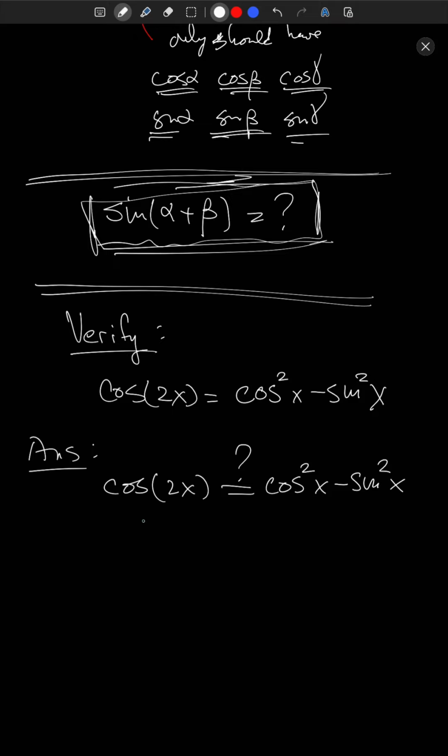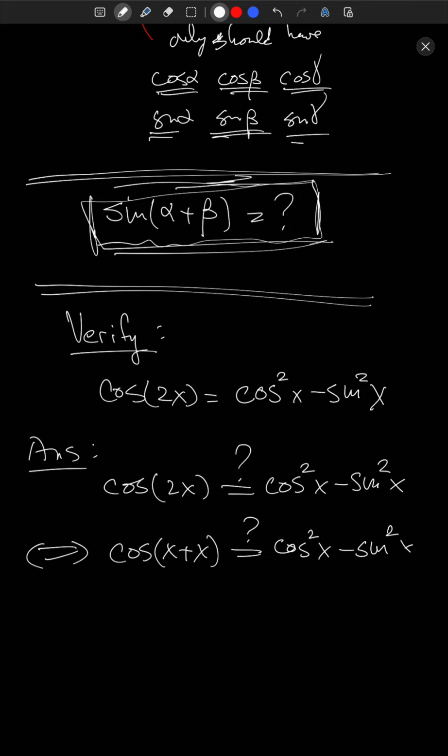On this left-hand side, we're going to realize cosine 2x is cosine of x plus x, right? 2x is x plus x. My motivation for doing this is because I know cosine of the sum of two things can be broken up into easier pieces, and those pieces are going to involve cosine of x and sine of x, which is what I see on the right-hand side.